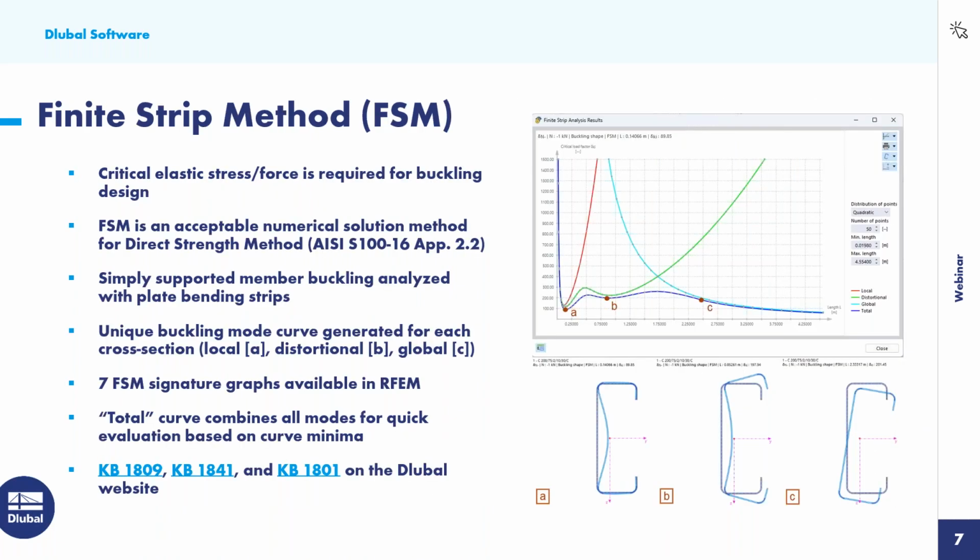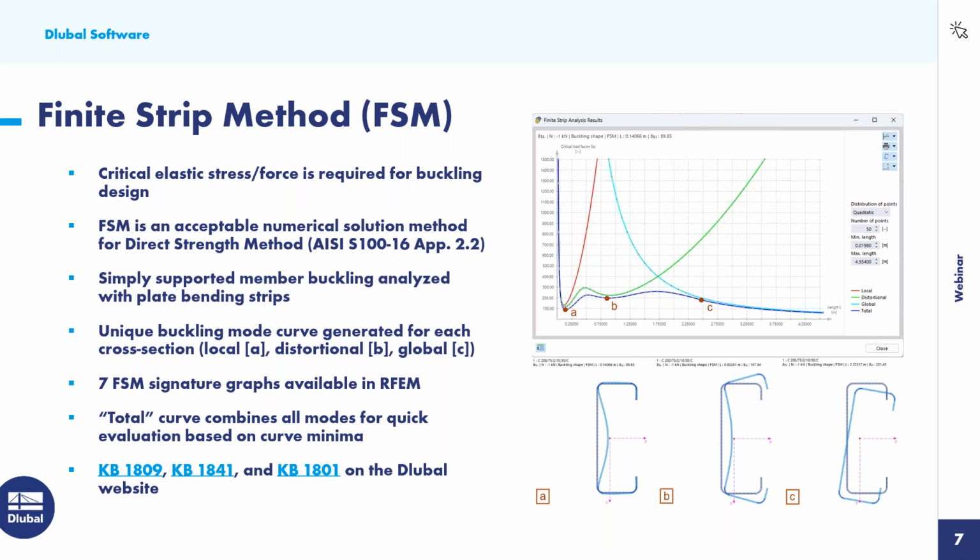So within the direct strength method, there are critical elastic stresses or forces that are required to carry out the buckling design. And when we refer to Appendix 2 within the AISI, the code tells us that the finite strip method is an acceptable numerical solution that we can apply.